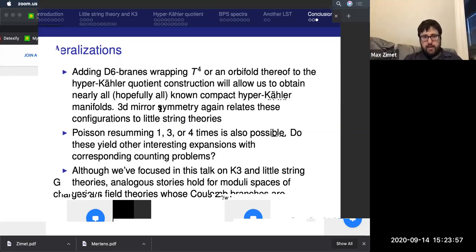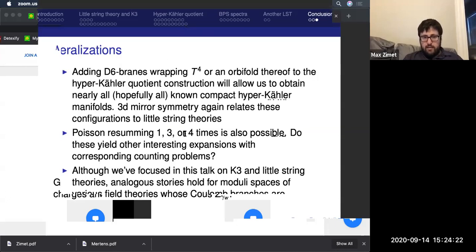So 3D mirror symmetry again relates that to some little string theories and some counting problems. We also think we might be able to get O'Grady's exceptional manifolds from this, but that's for later work. And Poisson resumming 1, 3, or 4 times is also possible. Here I described just doing it twice because of our motivation with the SYZ conjecture.